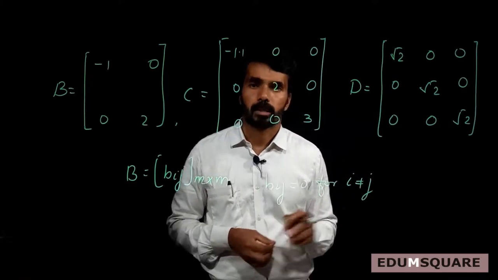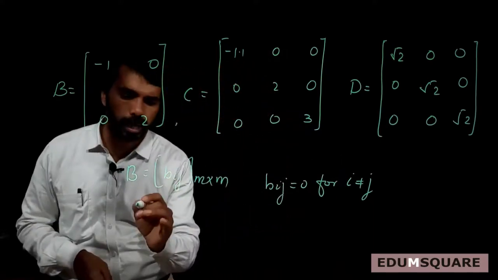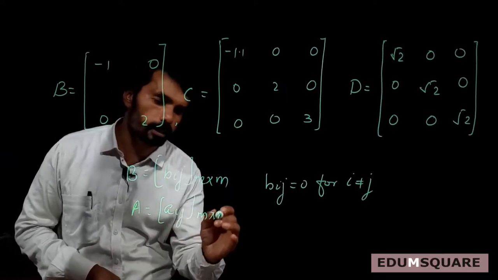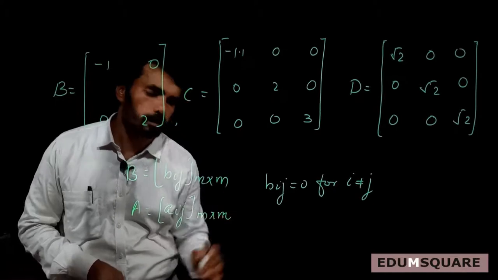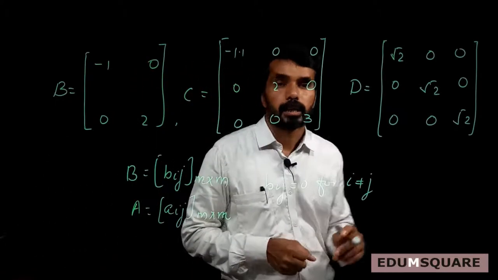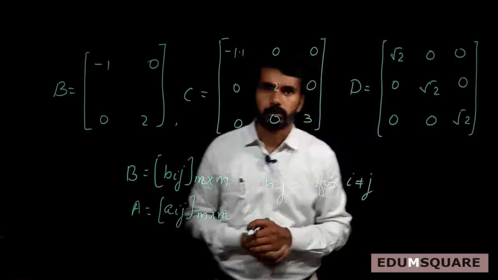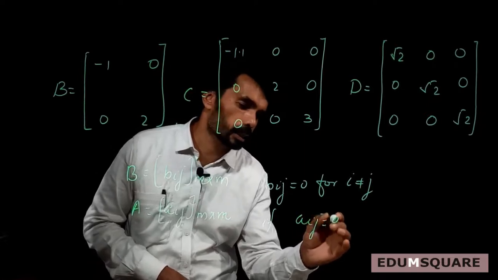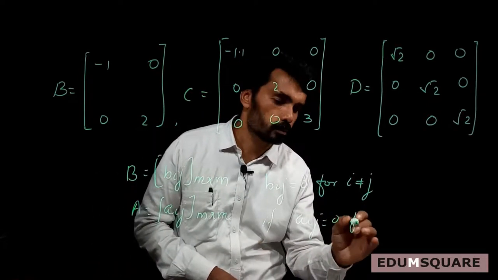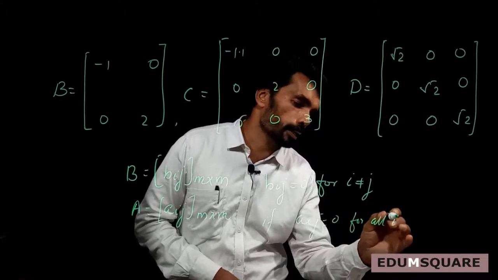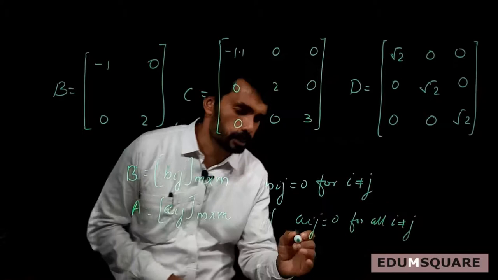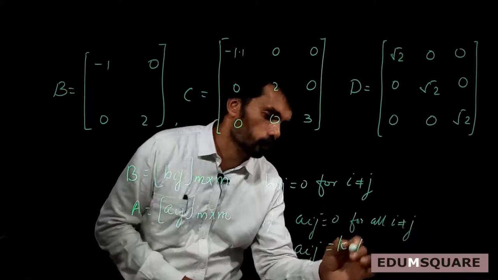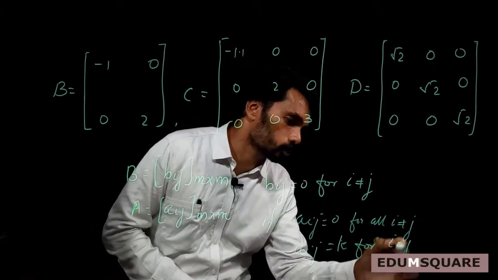That is, a square matrix A equal to [aij] of order m by m is said to be a scalar matrix if aij is equal to 0 for all i not equal to j, and if aij is equal to k, a constant, for i equal to j.